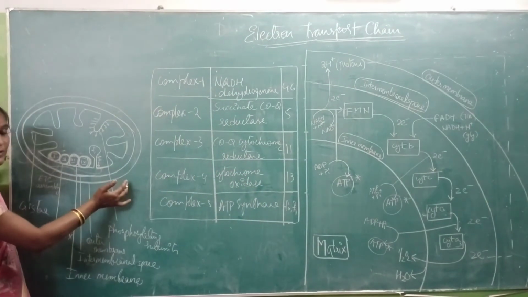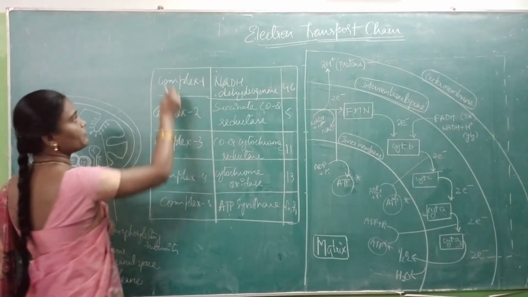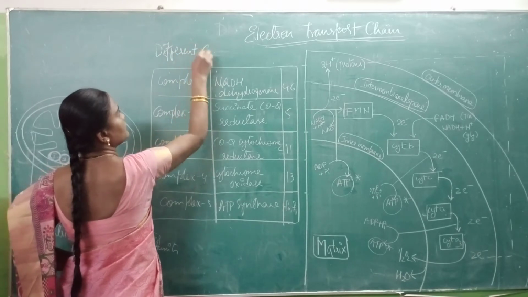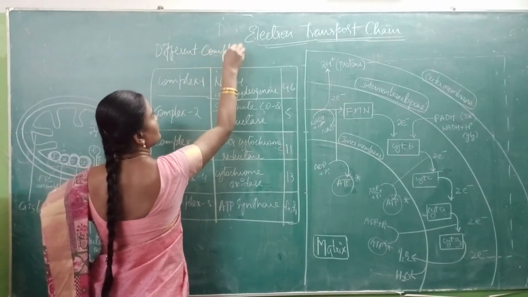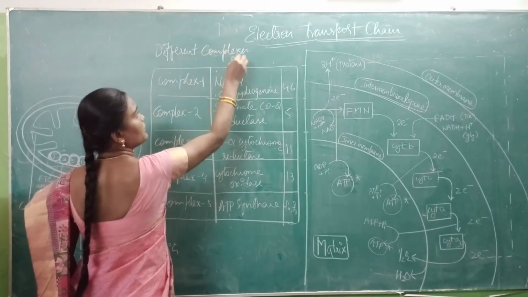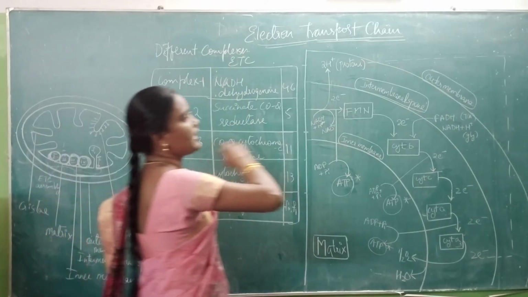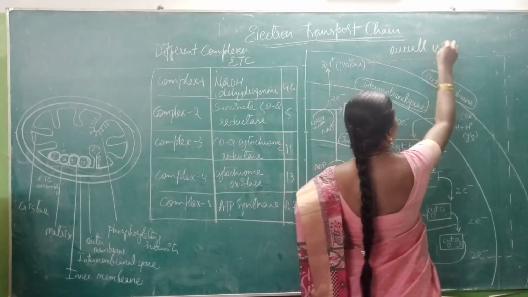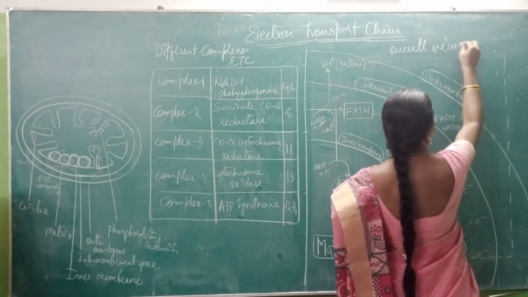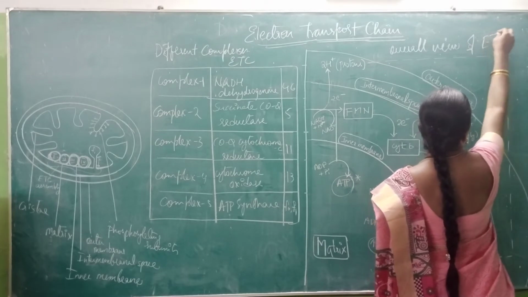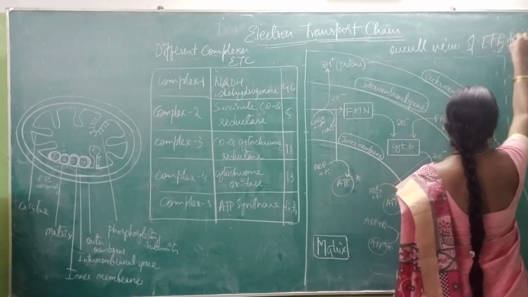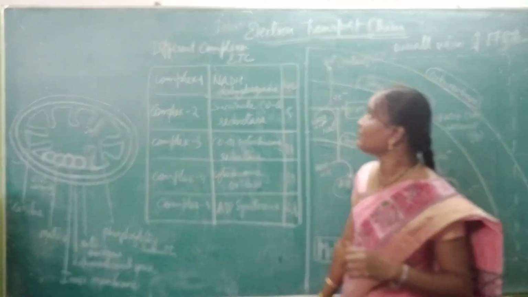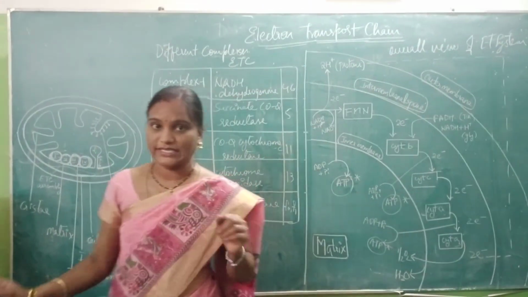So this is the structure of mitochondria, and these are the different complexes that are utilized in the electron transport chain, and this is the overall view of the electron transport system. Got it? So today's session is about the electron transport chain.